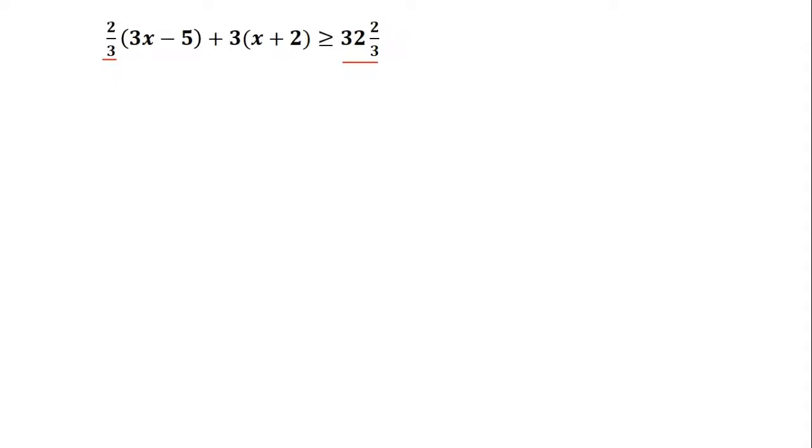Now, because we have a mixed number, your first step is to convert the mixed fraction to improper fractions. In the video on fractions, we learned how to do that. So you are going to convert 32 whole number 2 over 3 to improper fraction.